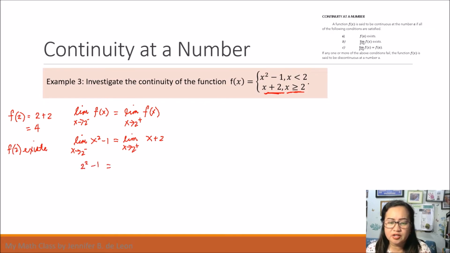On the other side, we have 2 plus 2, so we will have 4 minus 1 on the other side. Okay, on the other side, we will have 4.